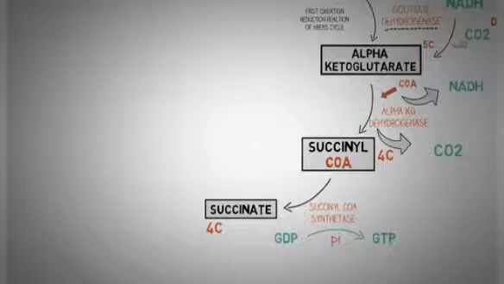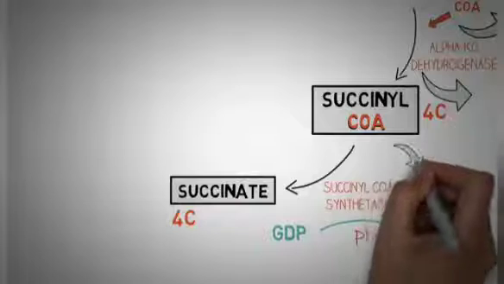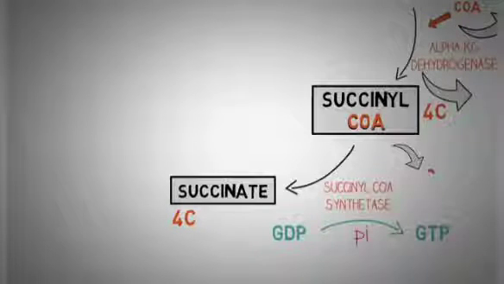The coenzyme A attached to the succinyl-CoA also gets released in this reaction. So what happens here essentially is that the succinyl-CoA loses its high free energy and its coenzyme A to be converted into succinate and a molecule of GTP.